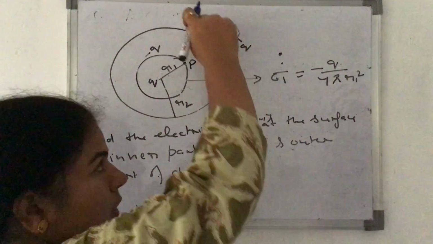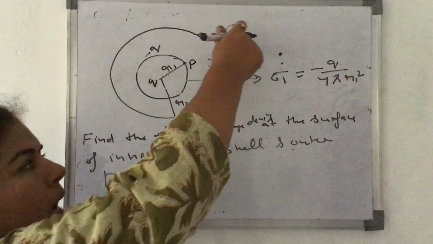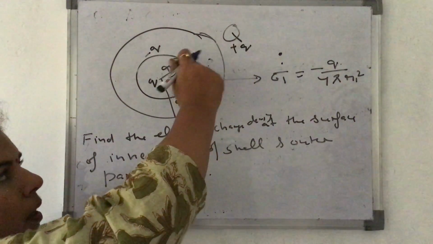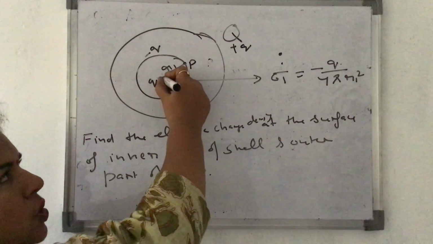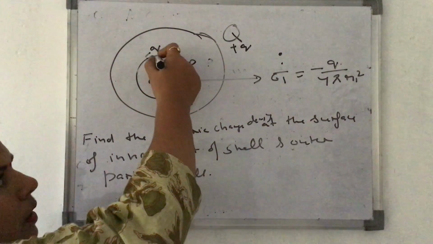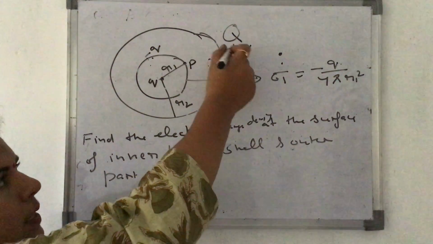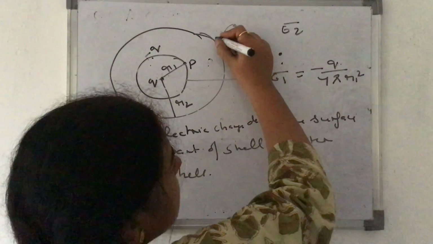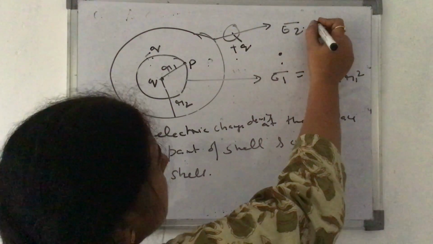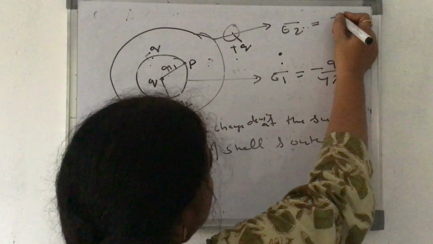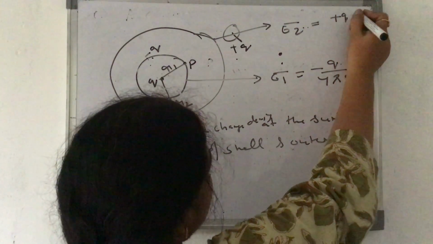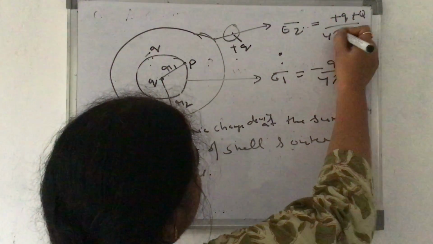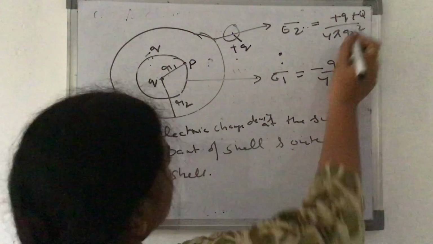The total charge which was already there was Q, and due to induction this has become minus q, and an equal and opposite plus q has come over here. So sigma 2 for the outer becomes plus (q plus capital Q) divided by 4 pi r2 square.